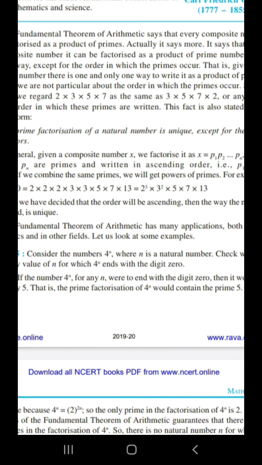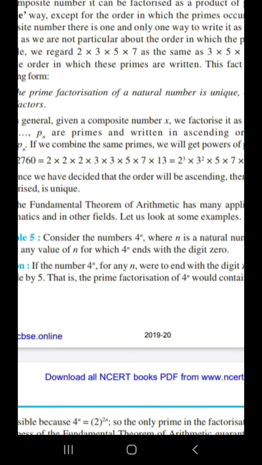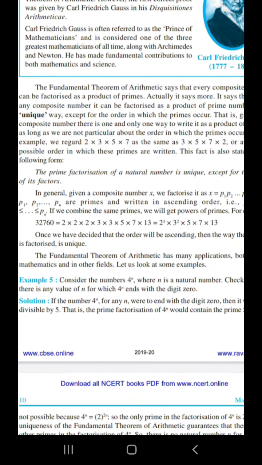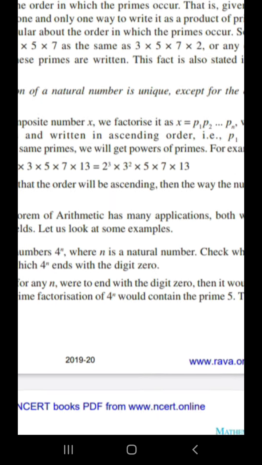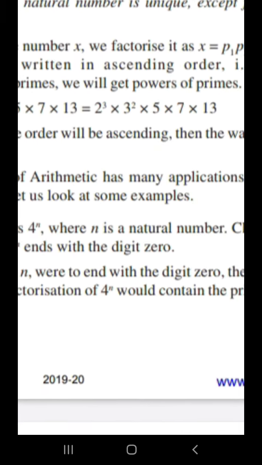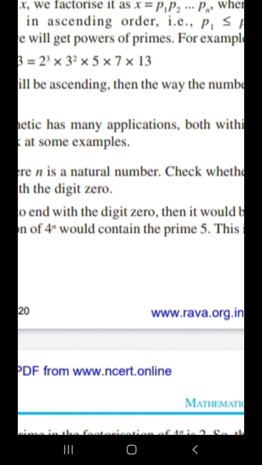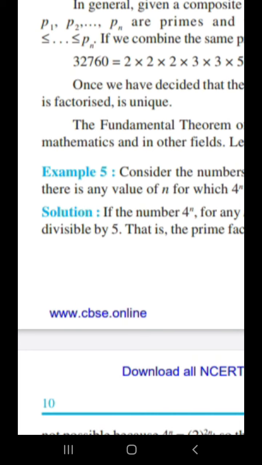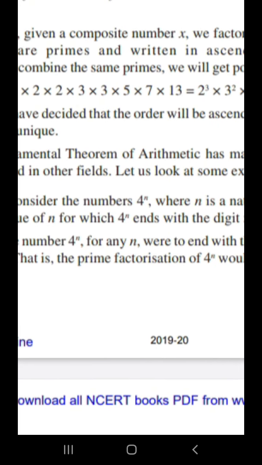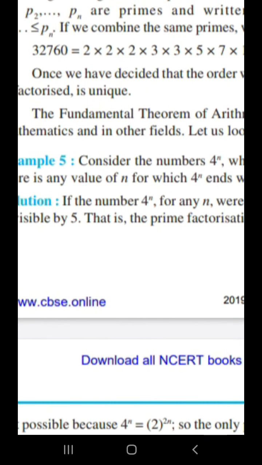Yeah, dear children, we can start the answer like this. If the number 4 to the n, for any n, were to end with the digit 0, then it would be divisible by 5.